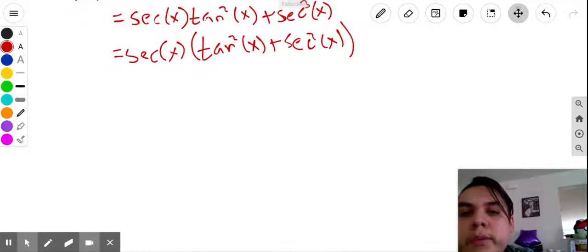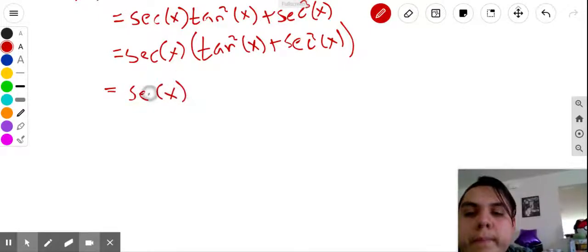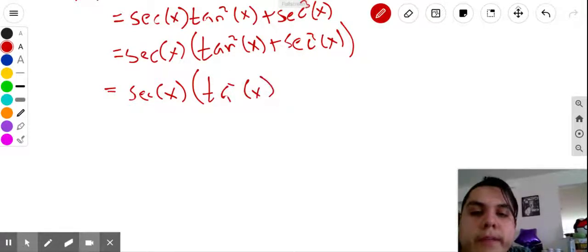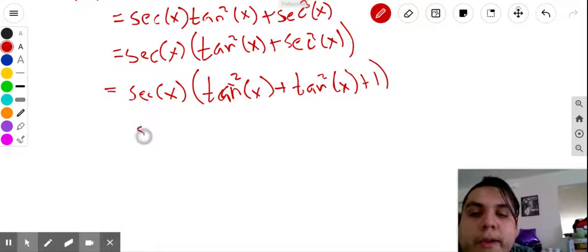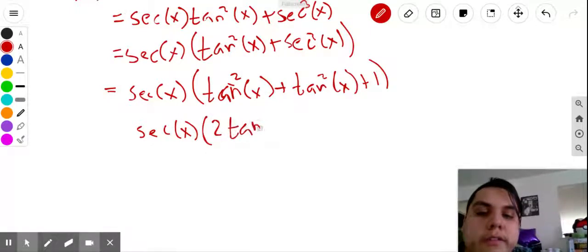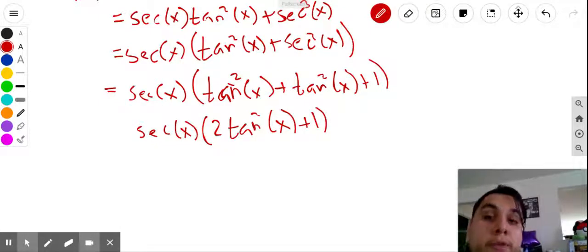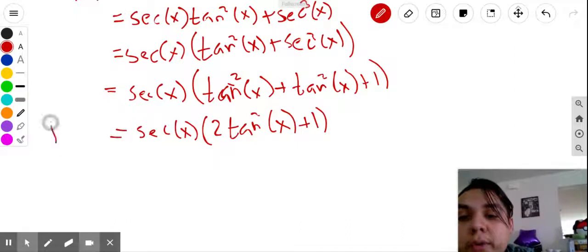So this would equal secant of x times tangent squared of x. Gosh, this marker is not going well today. Plus tangent squared of x plus 1, right? So I have secant of x times 2 tangent squared of x plus 1. Okay. So that's what my second derivative is, and that's what I'm going to work with.